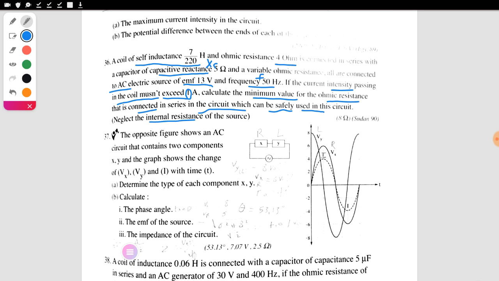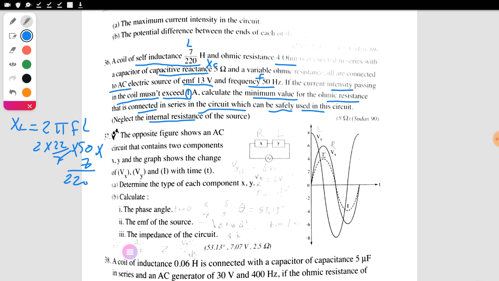At first, we have the value of self-induction, by which we can determine XL equal 2 pi F L, equal 2 times 22/7 times the frequency 50 hertz times L equal 7/220. At first, we calculate the inductive reactance.